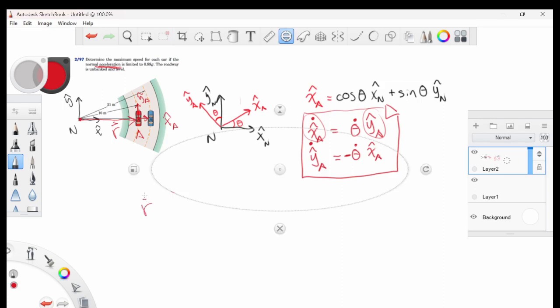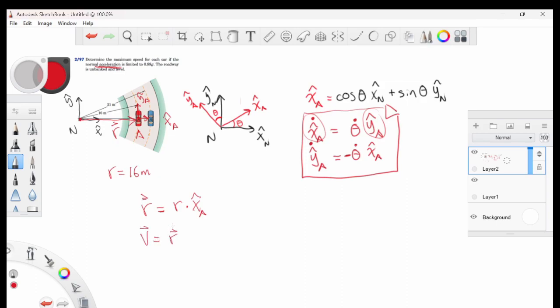The vector R is equal to R scalar, with R equal 16 meters, times XA hat.